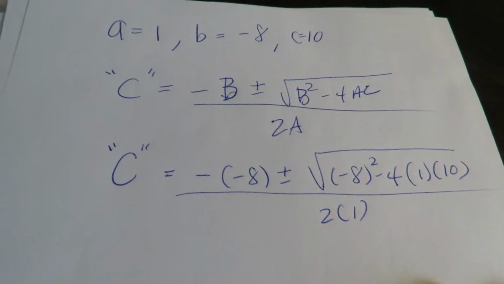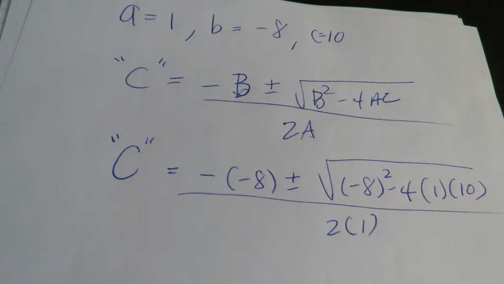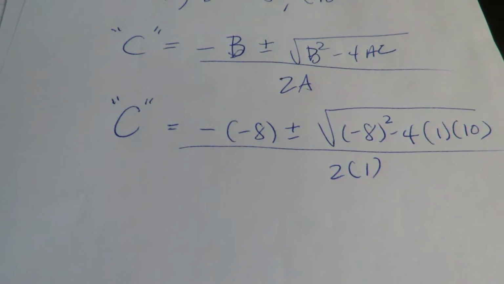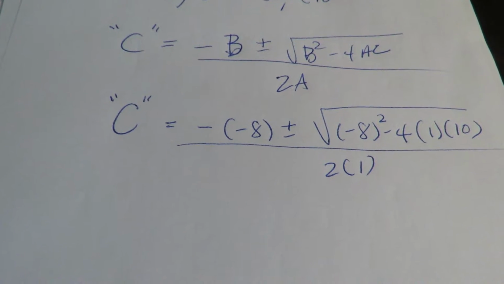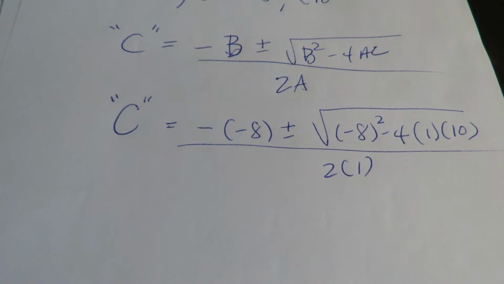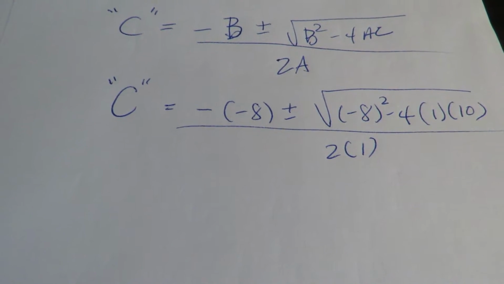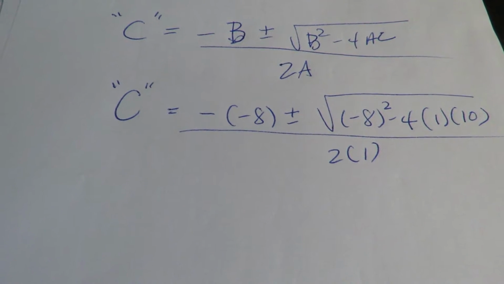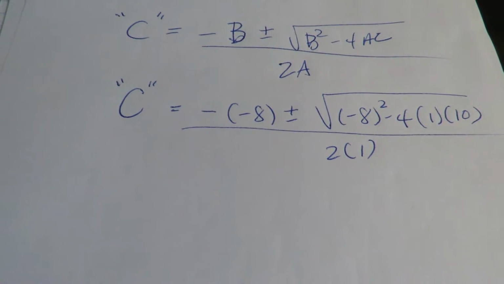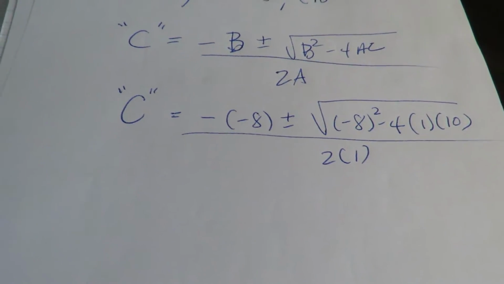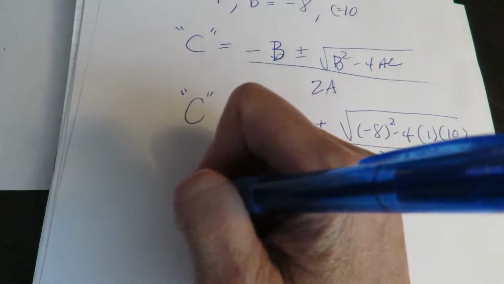So the thing about 10.3 is that you can solve it any way you want to, but remember the factoring method and the square root method are very unique, very fast techniques that only work for particular types of problems, right? So this didn't factor, so I can't use the factoring method, where the quadratic formula works on everything.